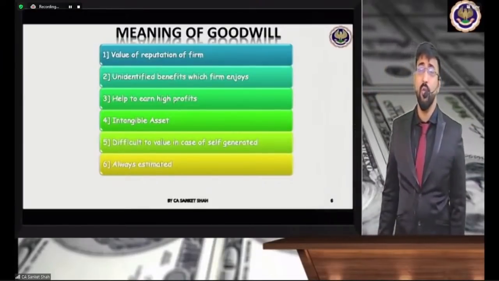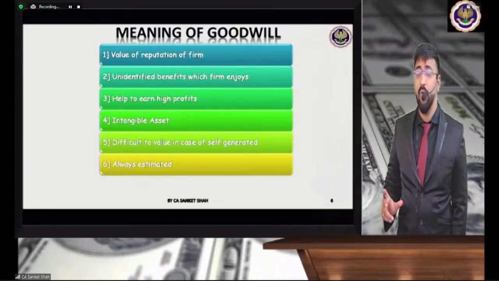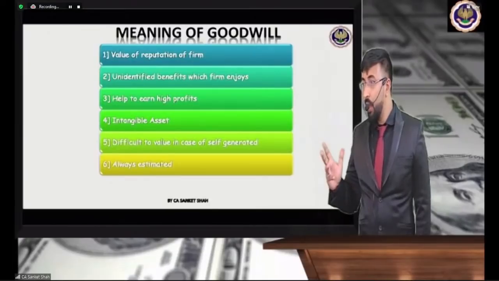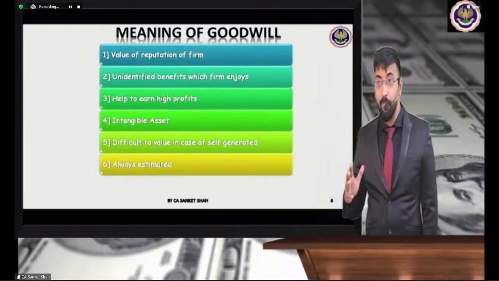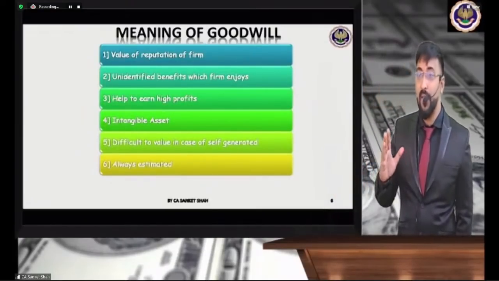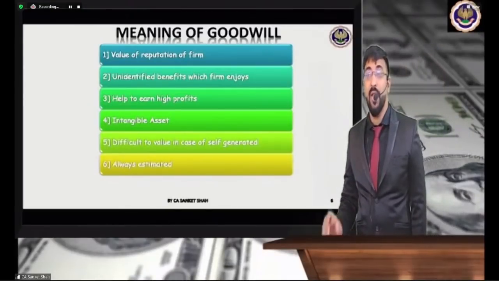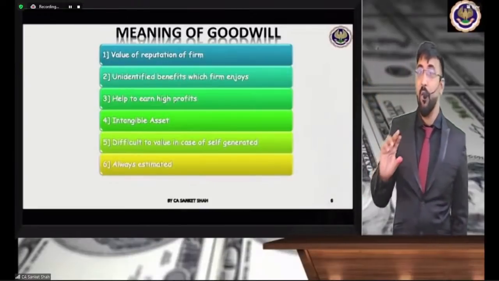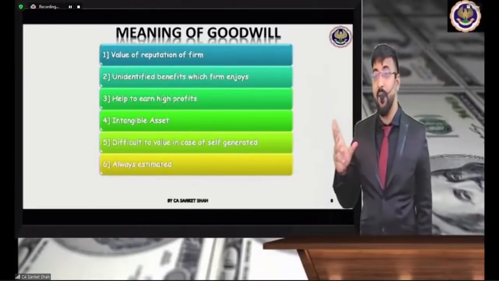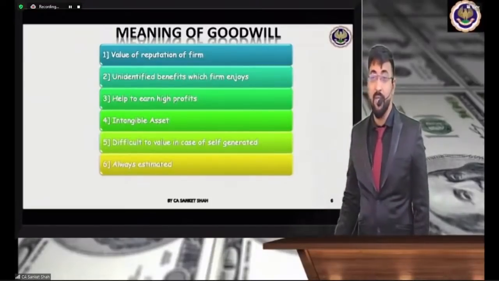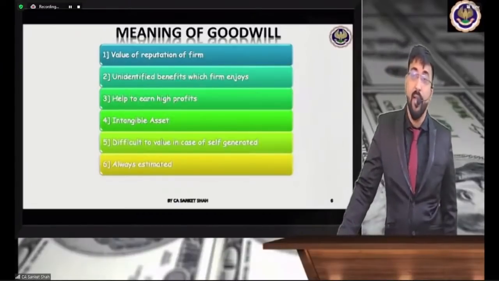So beta, what goodwill is, I can tell you in the same capital. For example, suppose Haldiram, everyone knows the Haldiram brand, or in Pune we have Chitale Bandhu Bakarwadi. Bakarwadi is very famous in Pune. Or there is a concept known as Mastani. Mastani means not Bajirao wali Mastani, it's a cold drink. That Mastani is very famous in Pune, that is Sujata Mastani.